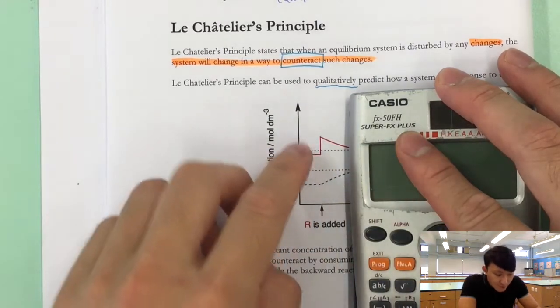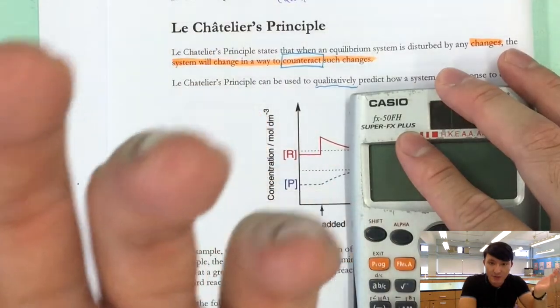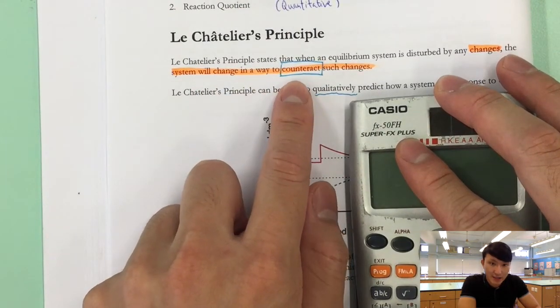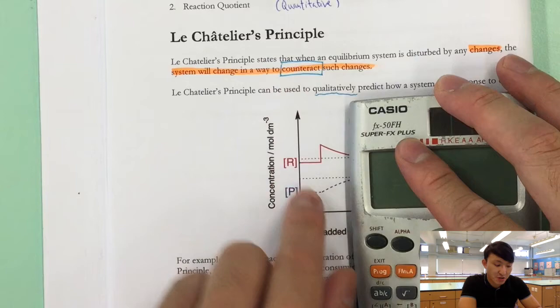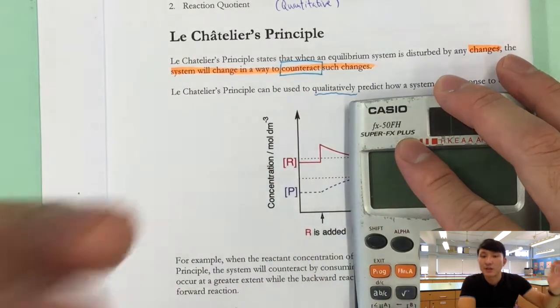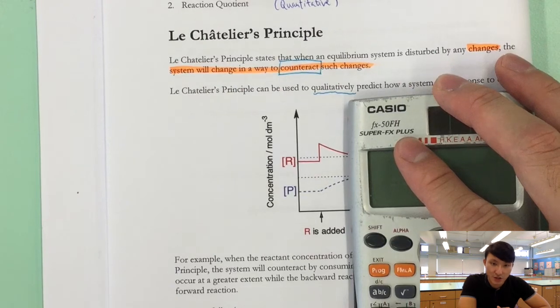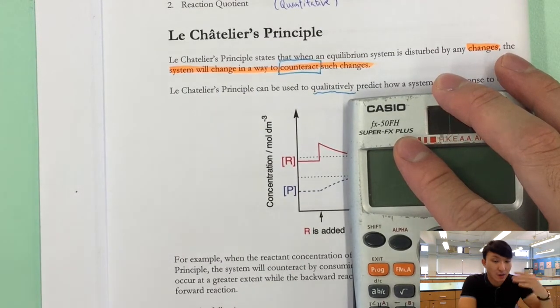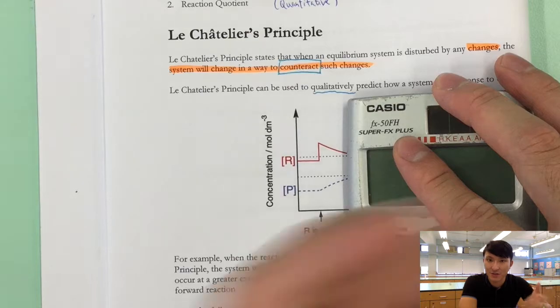Now, according to Le Chatelier's Principle, the system will change in a way to counteract. So to counteract the increase in R concentration is obviously to decrease the reactant concentration. To do that, we will actually perform more forward reaction, because the forward reaction is exactly the reaction that can consume more reactant.